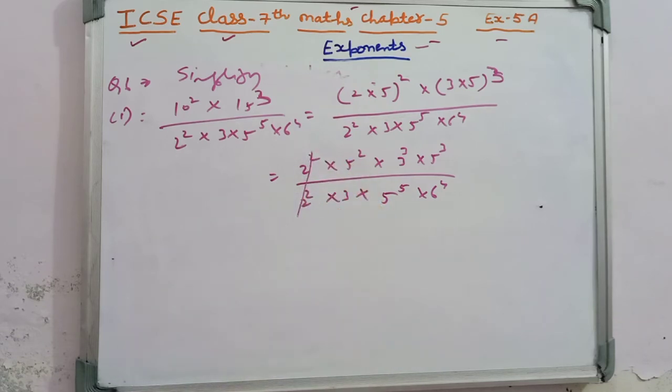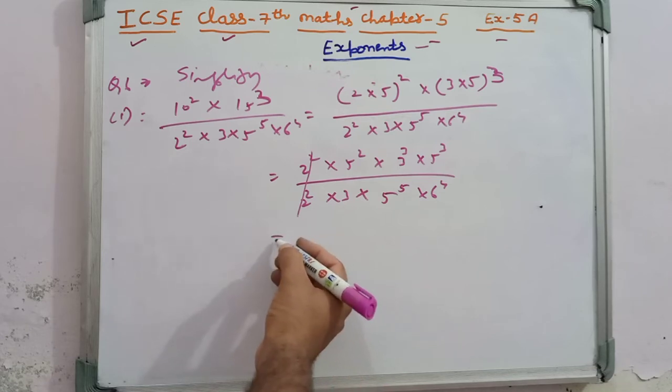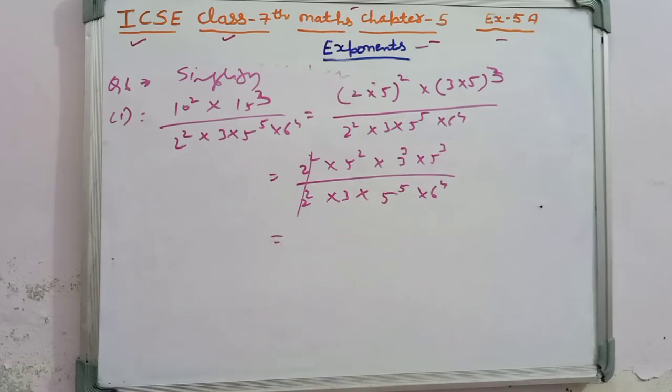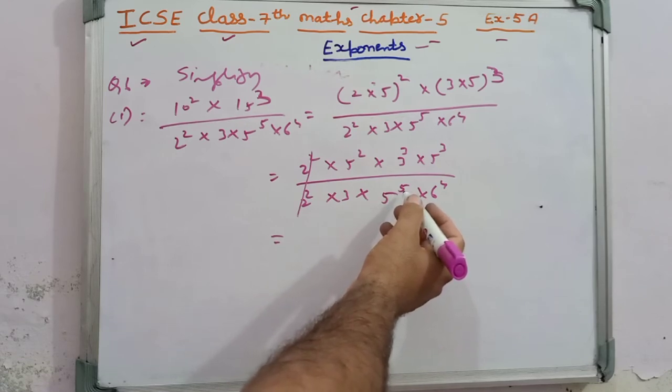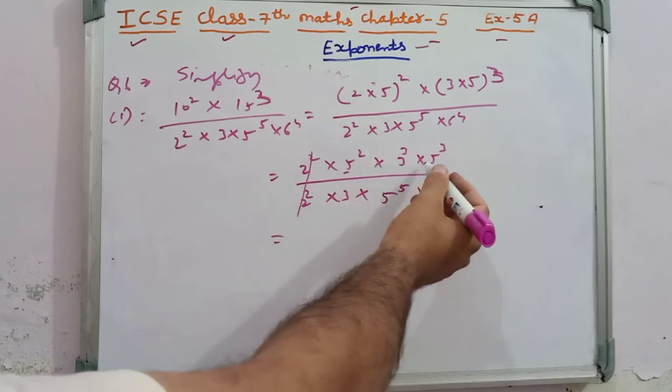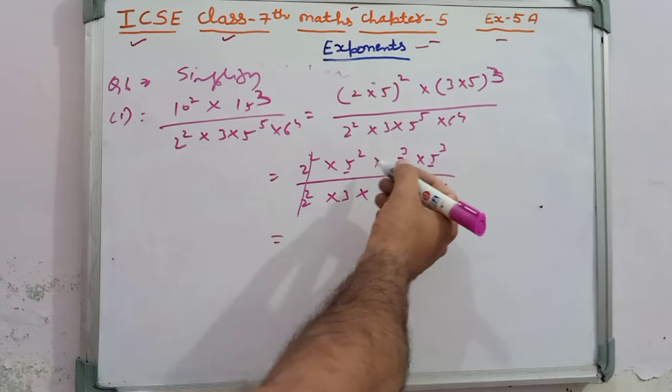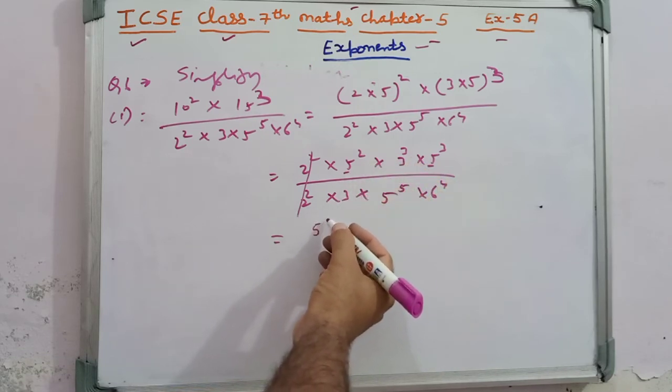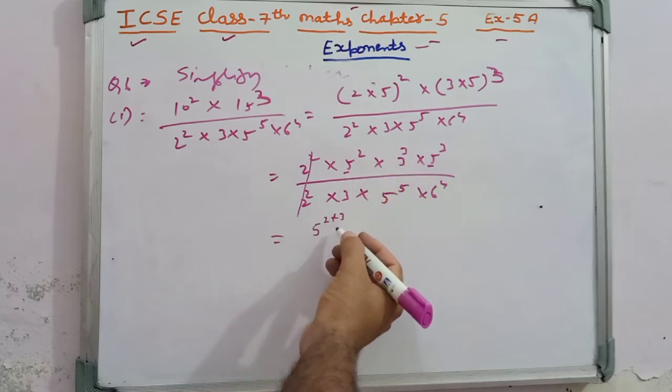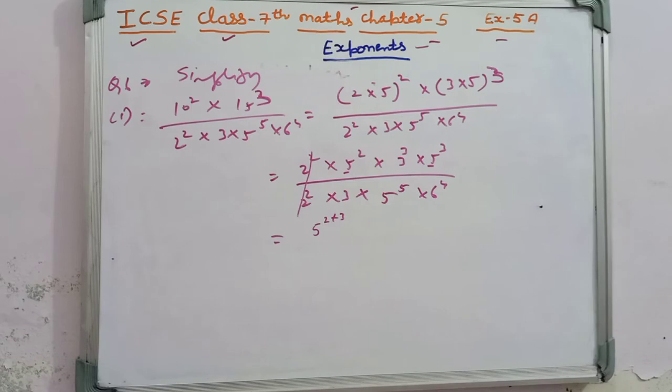Now what will be our next step? This base is 5, and if these are going to multiply, their powers will be added. 5 raised to power 2 plus 3, right?